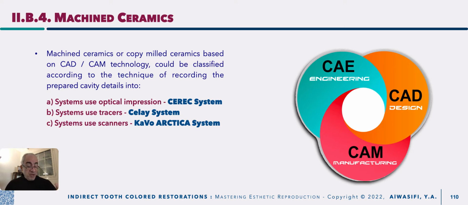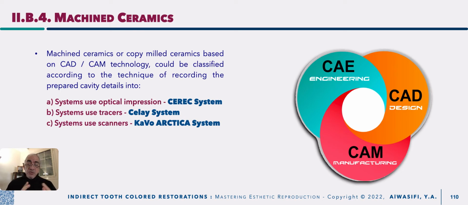Then you have a picture for prepared cavity. This picture is transmitted into a CPU where it is manipulated by a specific software. Then you have a milling machine that instead of paper having blocks of ceramics of different thicknesses, different qualities, different shades, and a cutting tool that mills your digital design into an actual 3D design of your cavity.